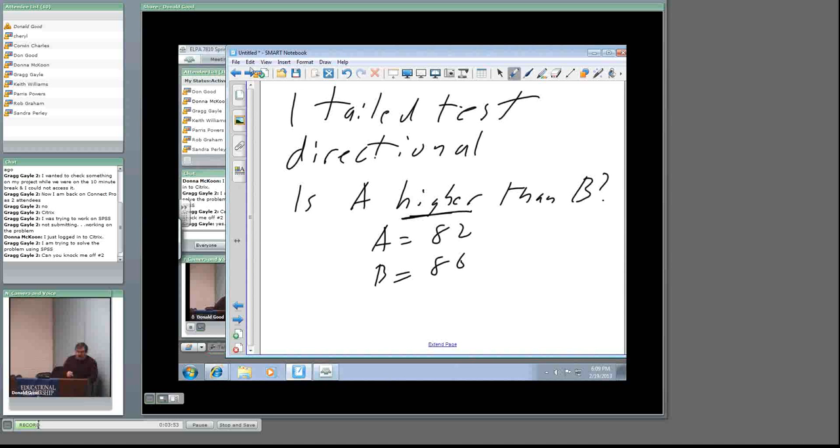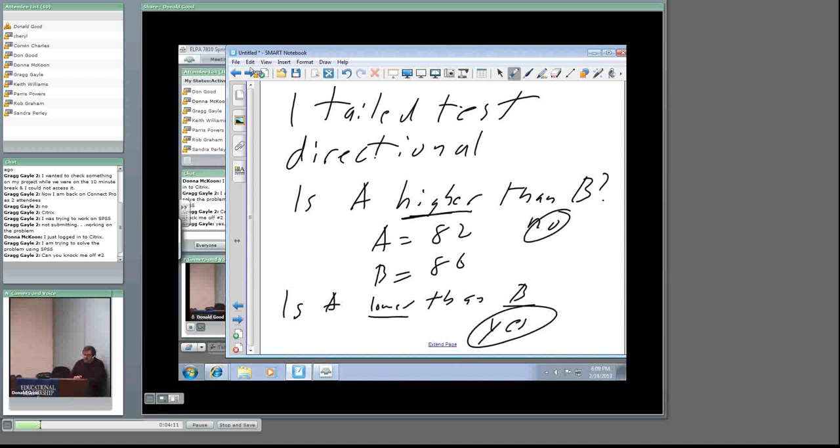Another one-tail question would be, is A lower than B? The answer is no here. The answer is yes here. While the first part where I'm asking higher, I'm asking on the high side, that's the upper tail.